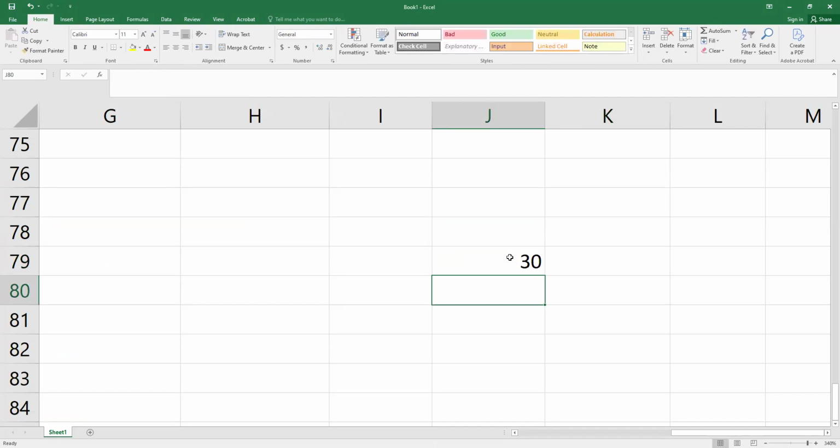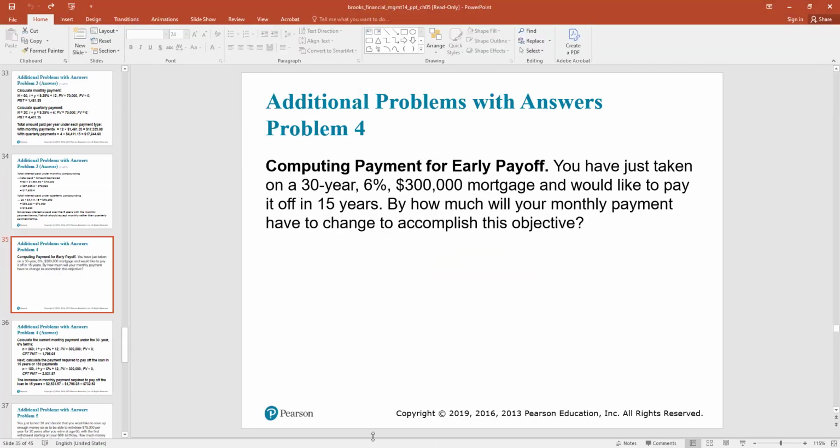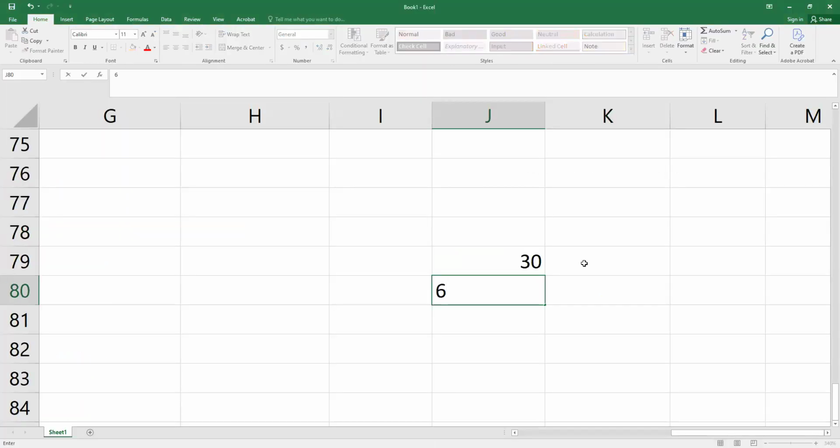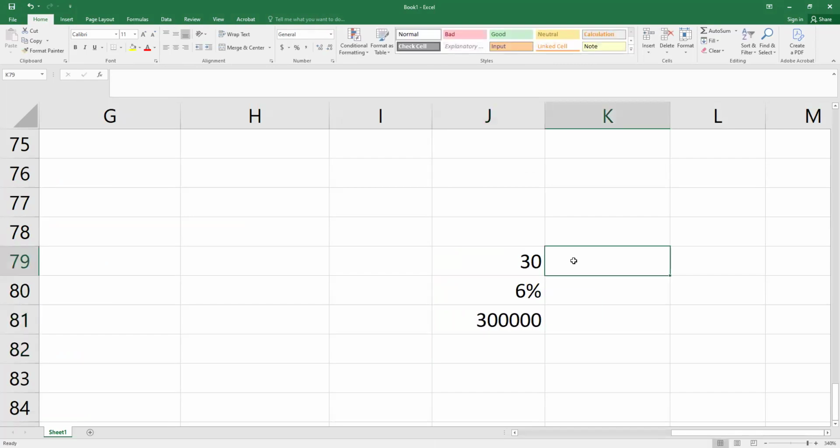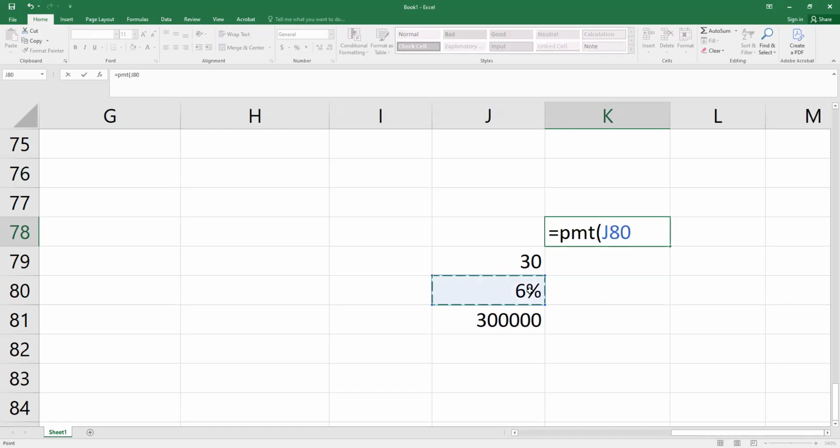30-year, 6%. And you're gonna be calculating the PMT first. Rate is 6% divided by 12, yeah? 30 multiplied by 12 and 300,000.